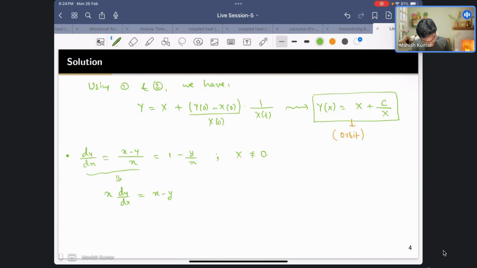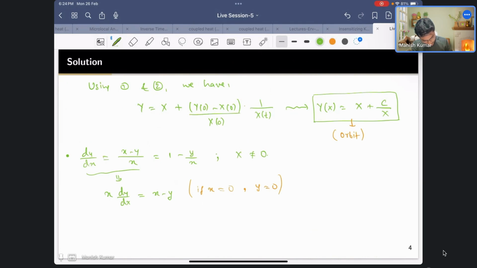If x is 0, then you will get y equal to 0. So if x is non-zero, that means y is also non-zero, and hence it is not an equilibrium point. This is just a remark.